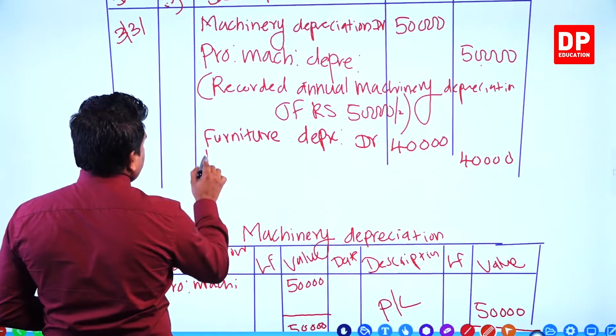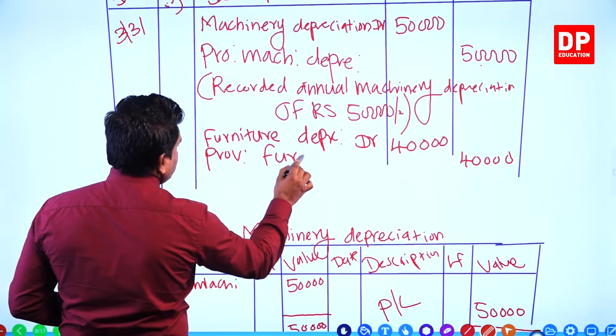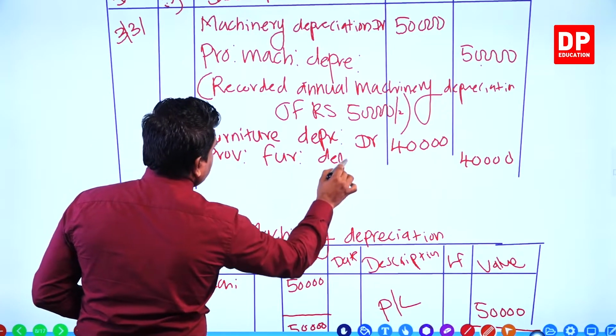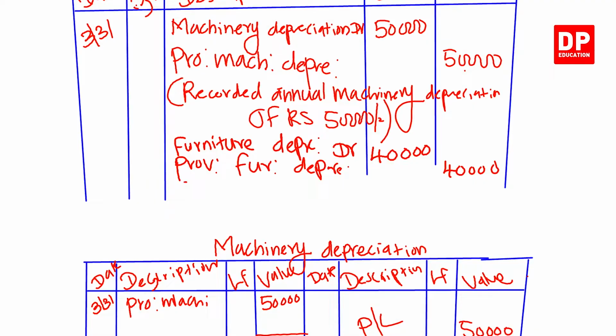Provision for furniture depreciation account, credit, 40,000. How do you say? You write within brackets, recorded furniture depreciation. Furniture depreciation of how much? 40,000.